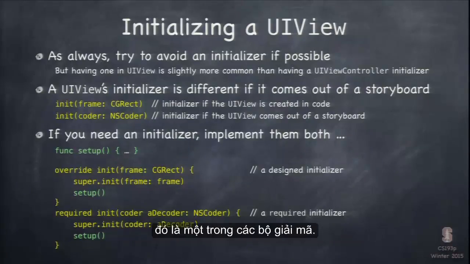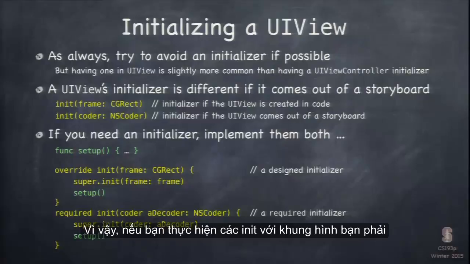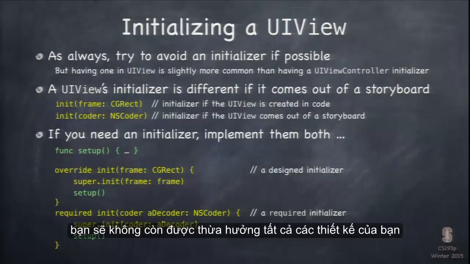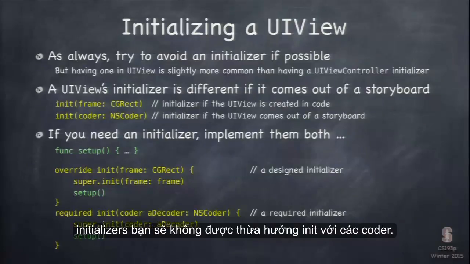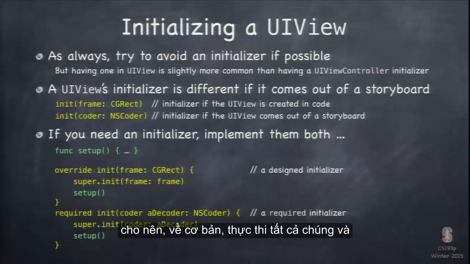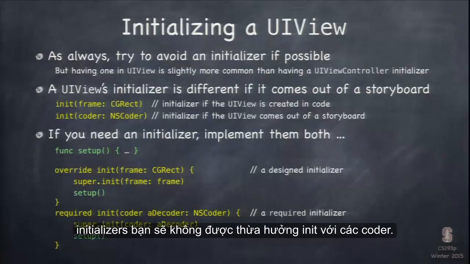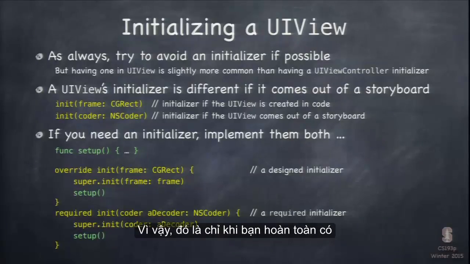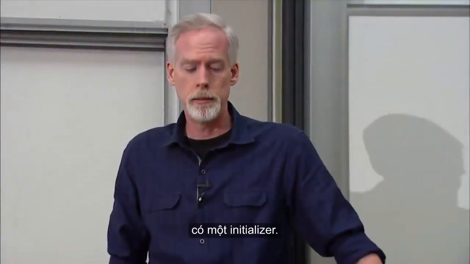So if you implement the init with frame, you have to implement the coder one, it's required. Because as soon as you implement the init with frame, you'll no longer inherit all of your designated initializers. You won't inherit the init with coder. So basically implement them both and then just factor out your initialization code into some setup method or something and call that. Okay? So that's only if you absolutely have to have an initializer.